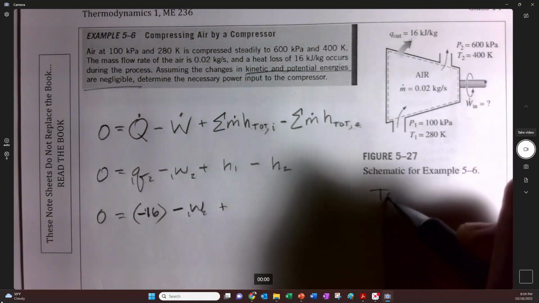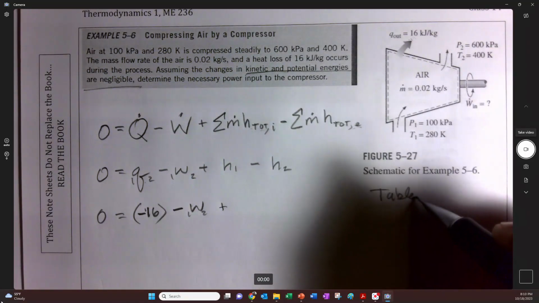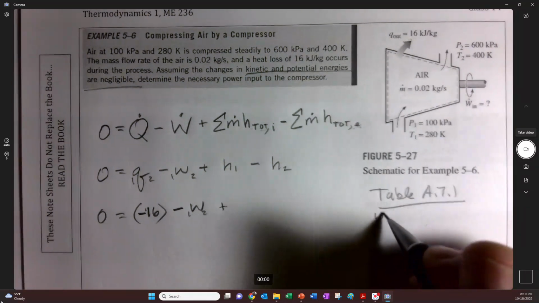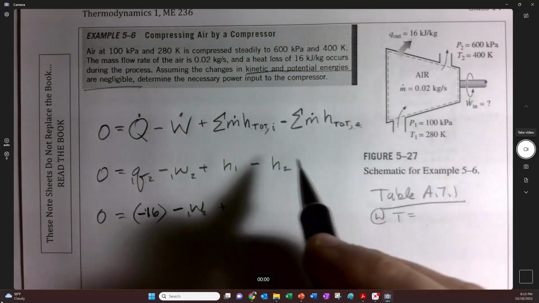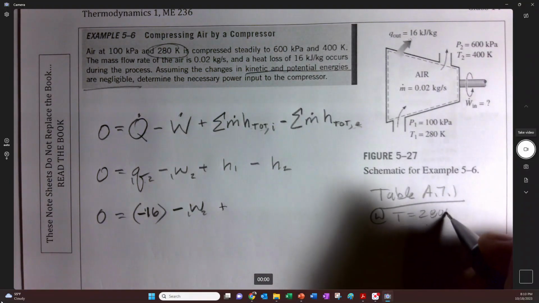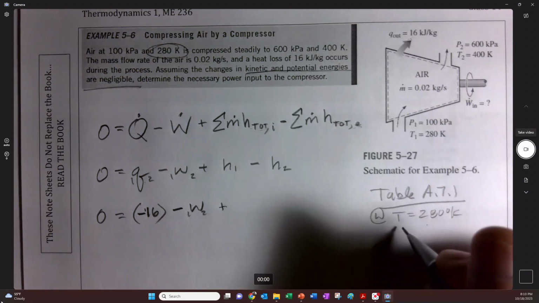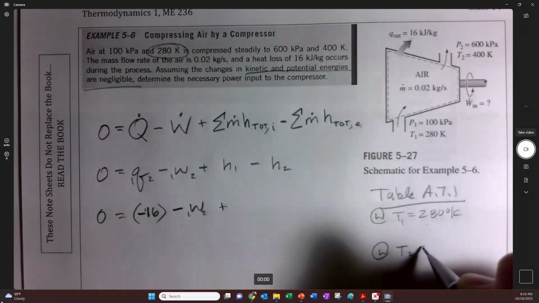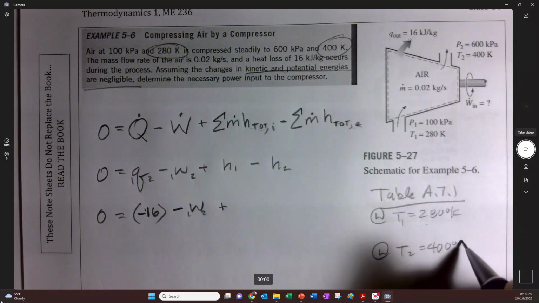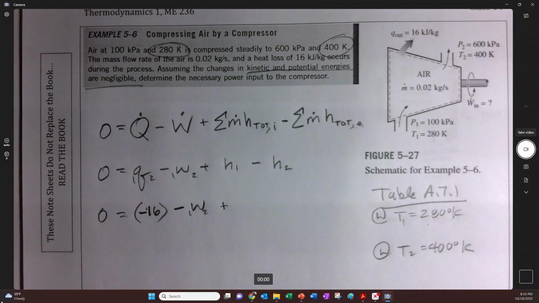Let's take a little detour over here and go to table A.7.1 and look at T equals, and we said 280 in, and that's 1, and T2 was 400. All right, so we'll say that the air is only dependent on the temperature, or its enthalpy is, and let's look him up.